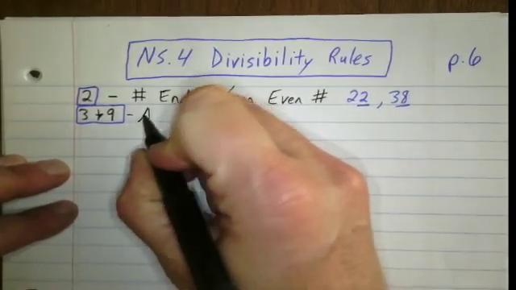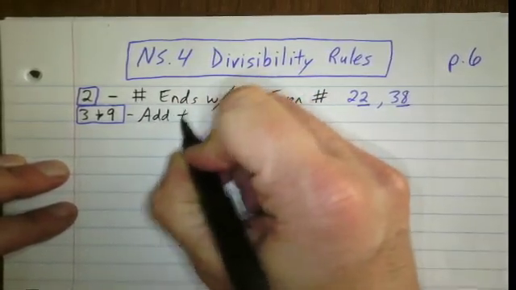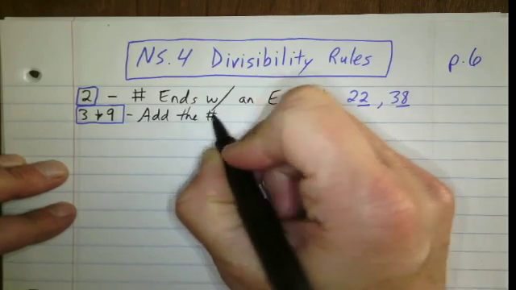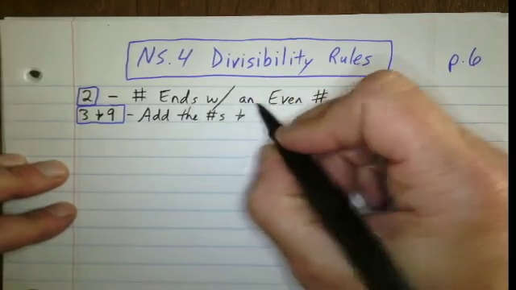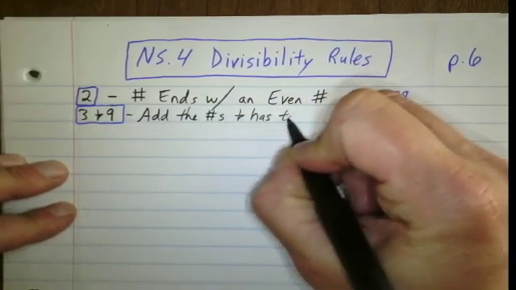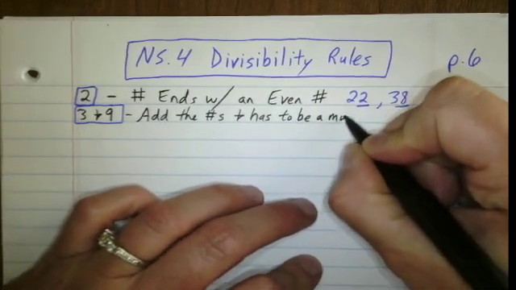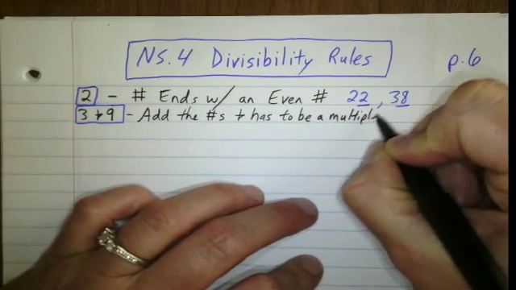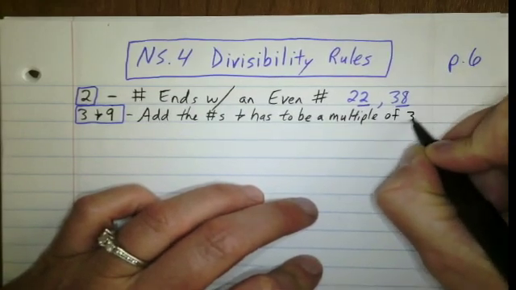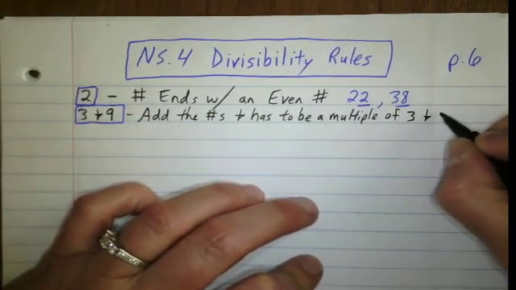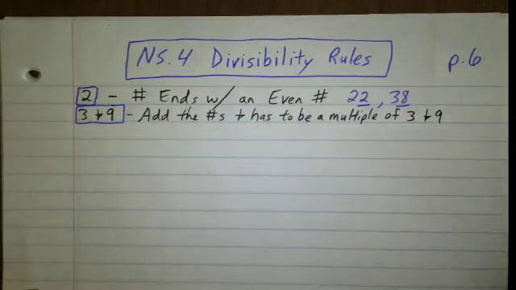You're going to add the numbers, and it has to be a multiple of 3 and 9.